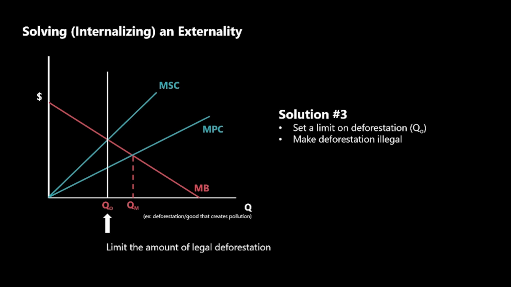And that is what we do see in the Brazilian Amazon now. There's a forest code that limits the amount of legal deforestation on each private property to no more than 20% of the property. So this type of policy intervention is called a standard. It's also known as command and control regulation.